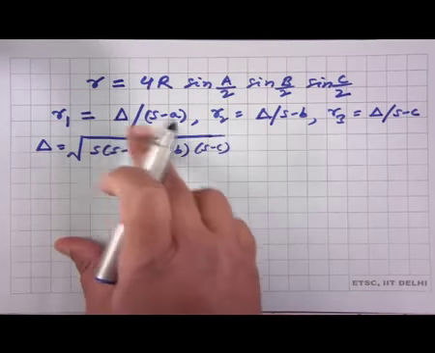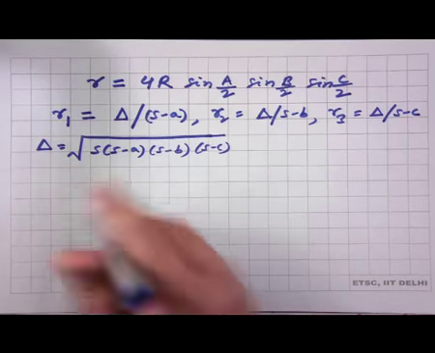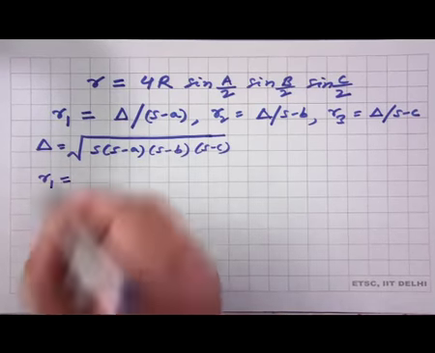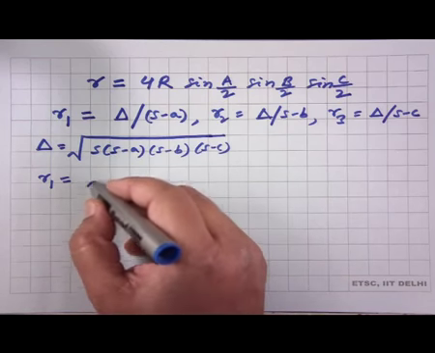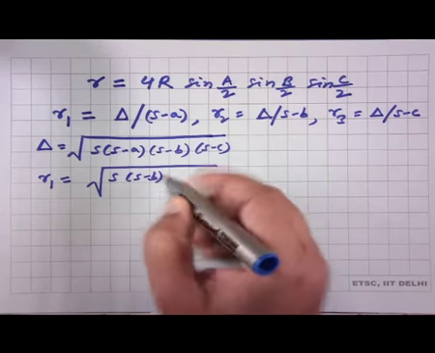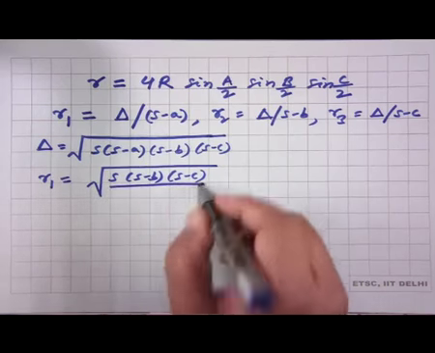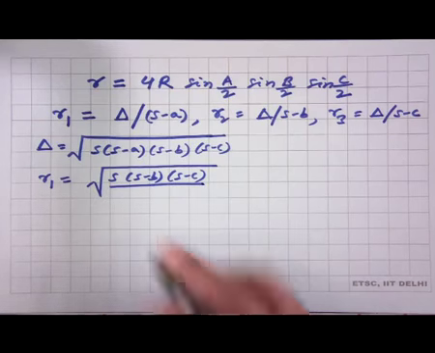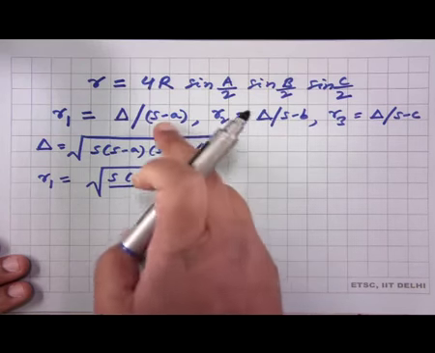So, if we replace the area here by this expression, what we get is that r1 is equal to the square root of s into s minus b into s minus c, divided by s minus a.